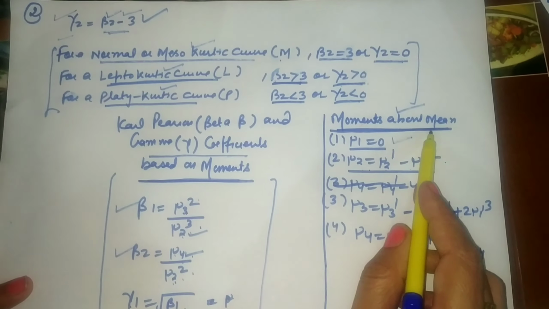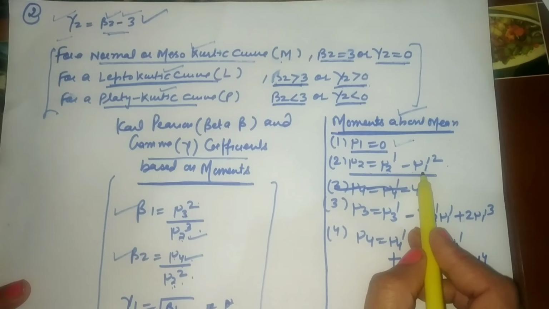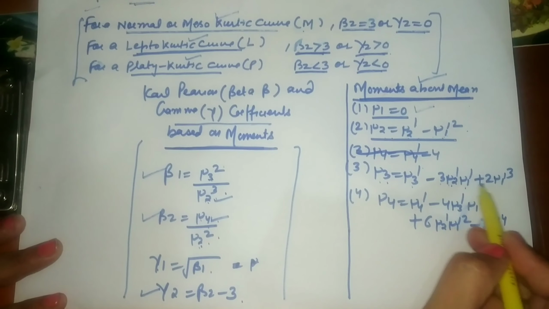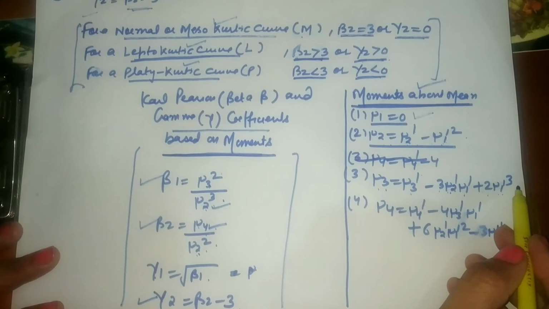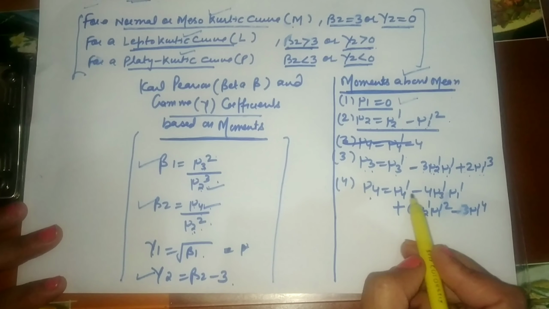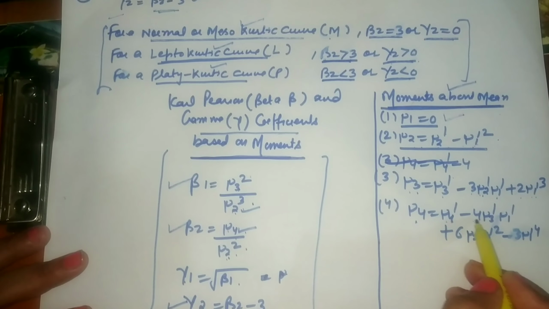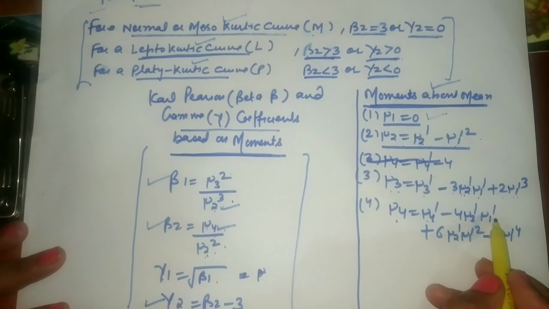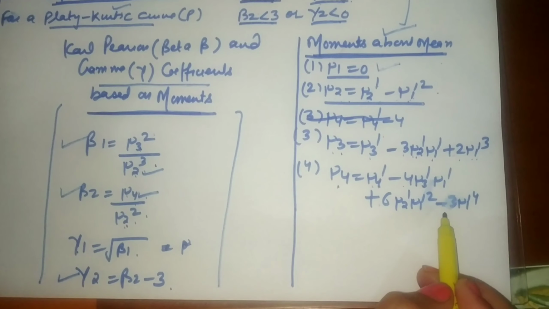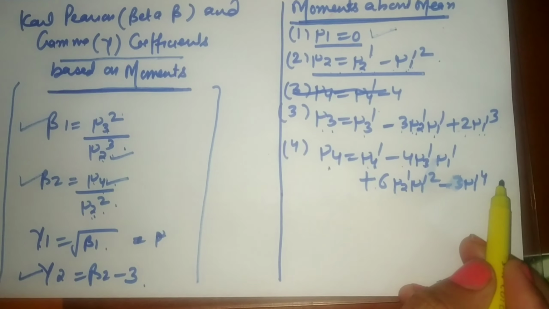This is the way we calculate the moment about the mean. Then mu 3 is equal to mu 3 dash minus 3 mu 2 dash mu 1 dash plus 2 mu 1 dash cube. Then mu 4, the fourth moment, the formula will be mu 4 dash minus 4 mu 3 dash mu 1 dash plus 6 mu 2 dash mu 1 dash whole square minus 3 mu 1 dash power 4.